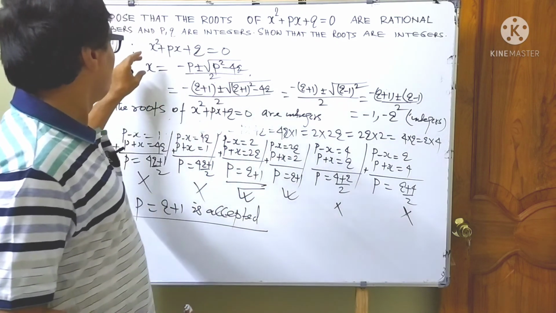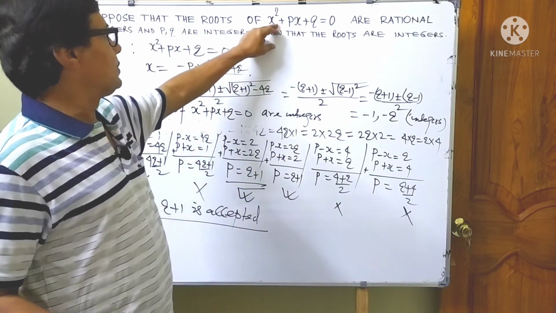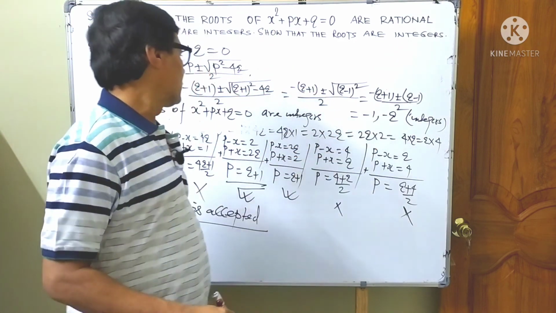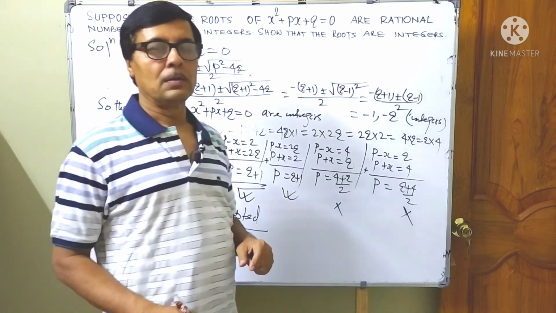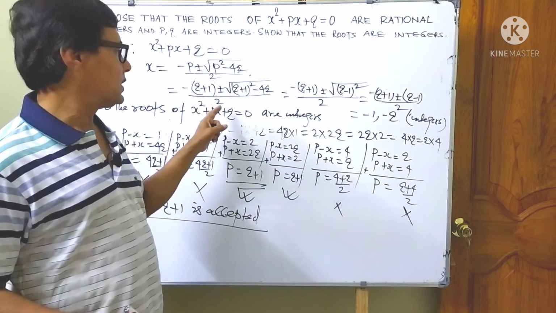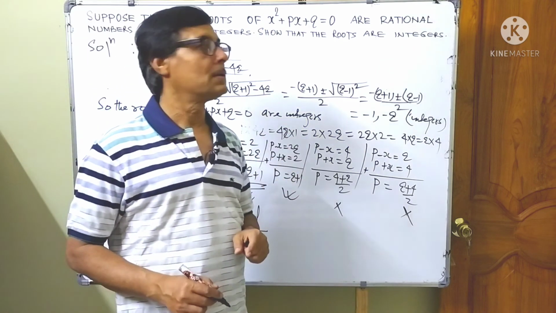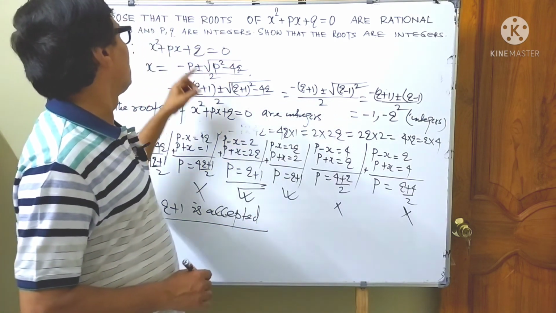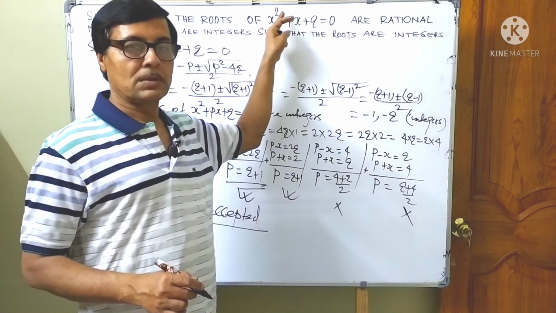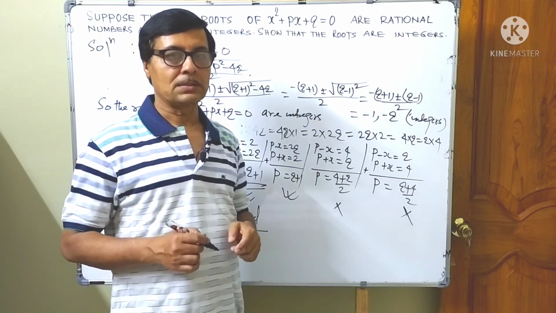So the roots of this quadratic equation are integers, which are minus 1 and minus q. So we have proved the roots of the quadratic equation x squared plus px plus q equal to 0 are integers under the condition that p and q are integers and the roots of this equation are supposed to be rational numbers.